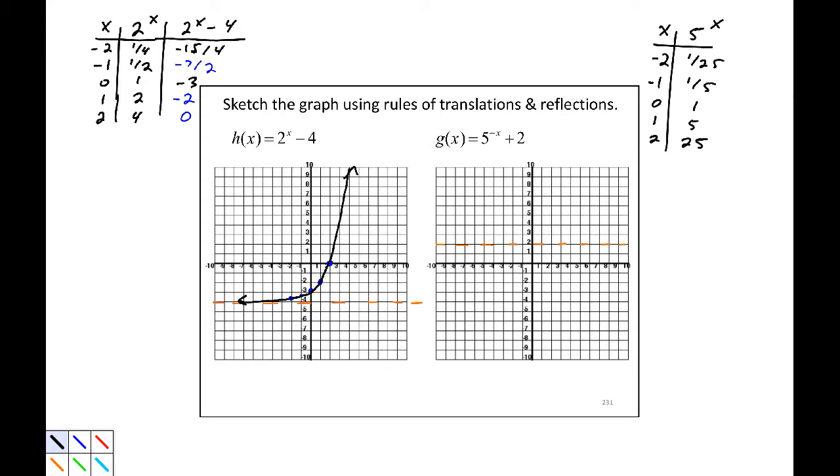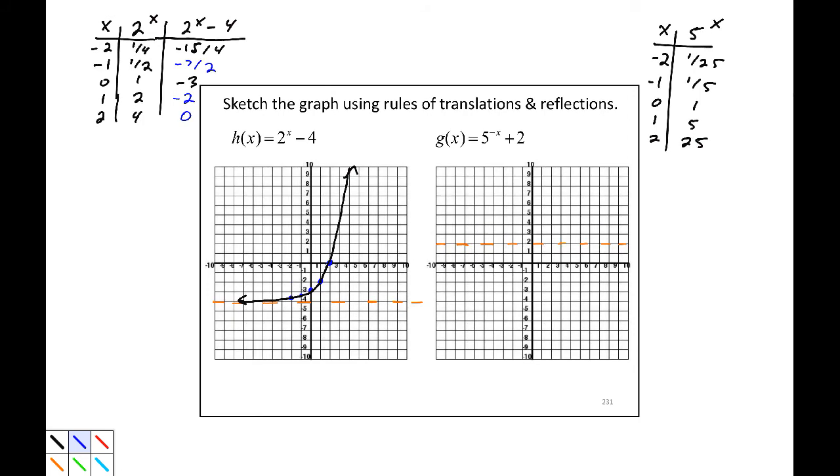Now, the 5 to the -x is going to change the signs of all of these. I'm going to change this to 5 to the -x, and my x-coordinates will now be +2, +1, 0, -1, -2. Then I can add 2 to all of those for 5 to the -x plus 2.